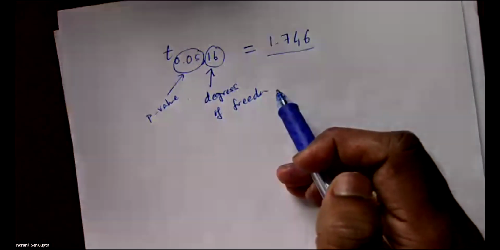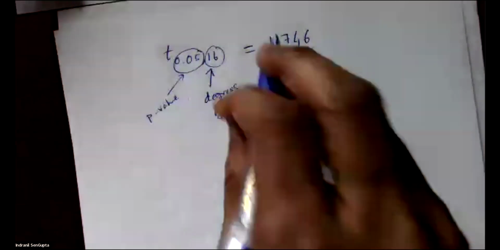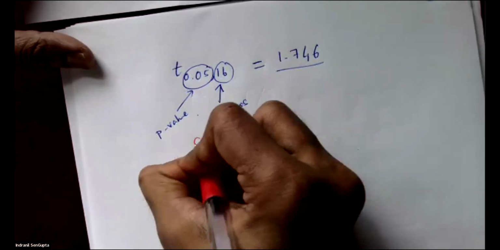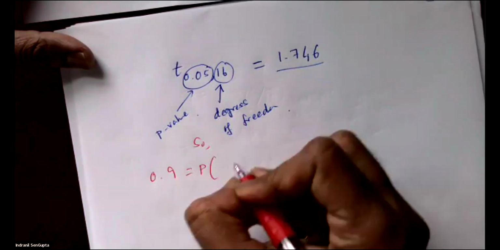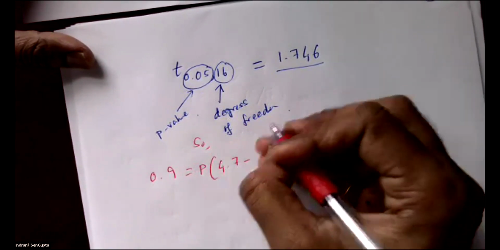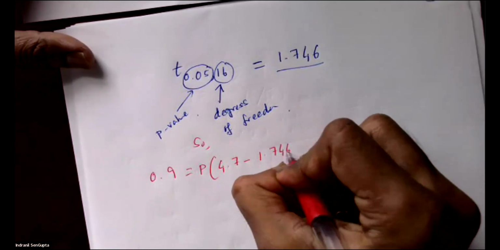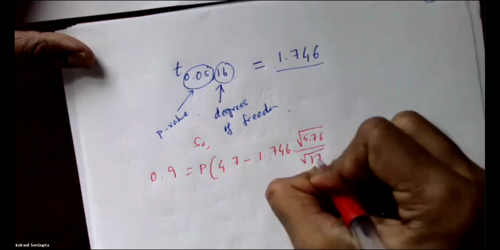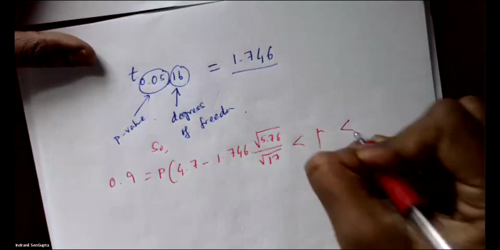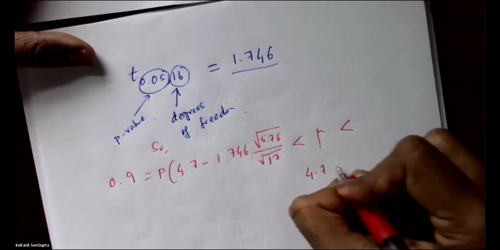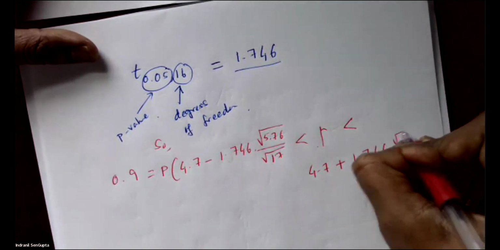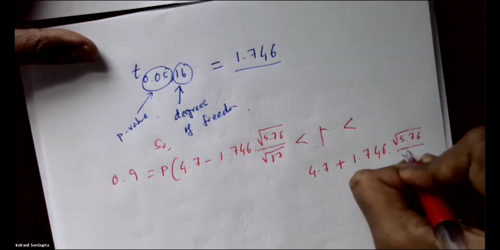Now you can simply use it in the previous expression. So we get 0.9 equals P of 4.7 minus 1.746 times square root of 5.76 over square root of 17, less than mu less than 4.7 plus 1.746 times square root of 5.76 over square root of 17.